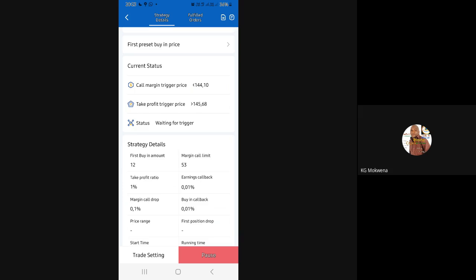That is $145.68. So when you saw the market moving away from your margin trigger price, not going down to take that call of $300, please don't worry, because if the market goes up against your desire to immediately place that 300, why did we want to place that 300?